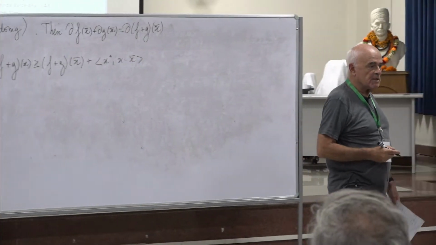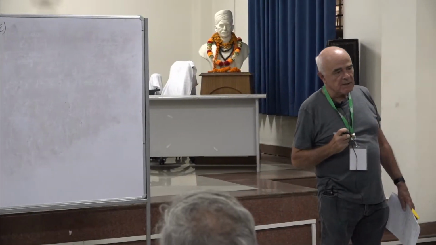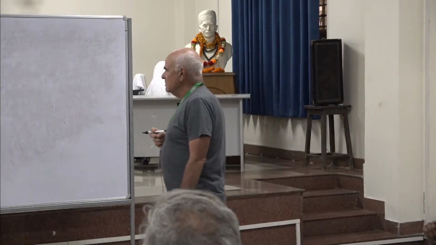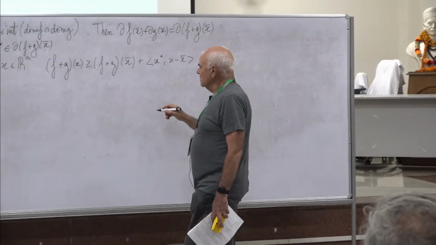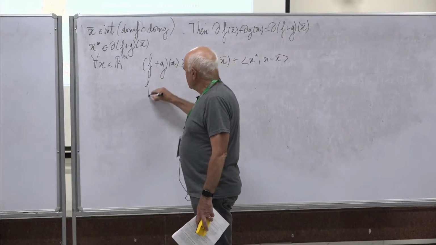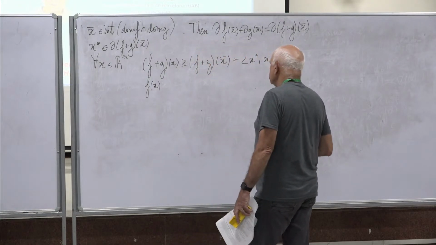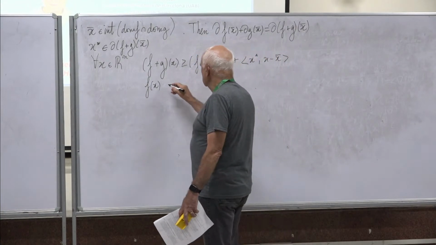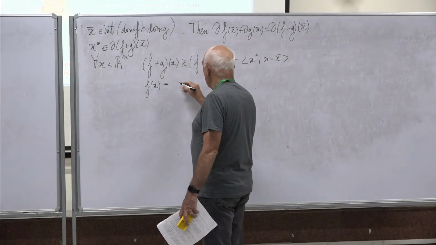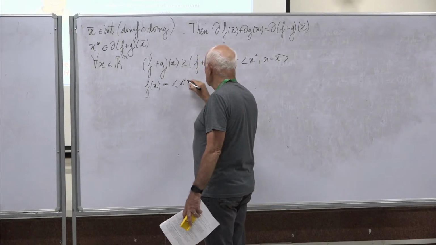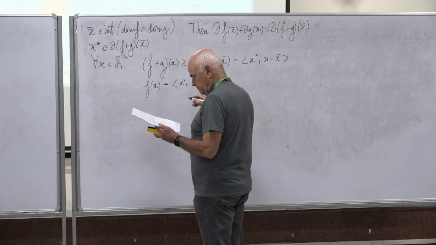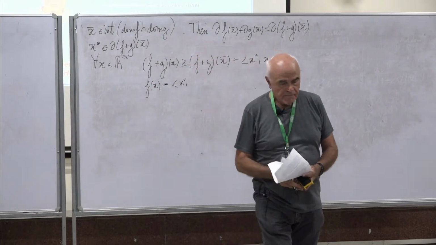Just the separating inequality. But I'm going to express it in a different form. f of x minus x star x is not here, it's there.